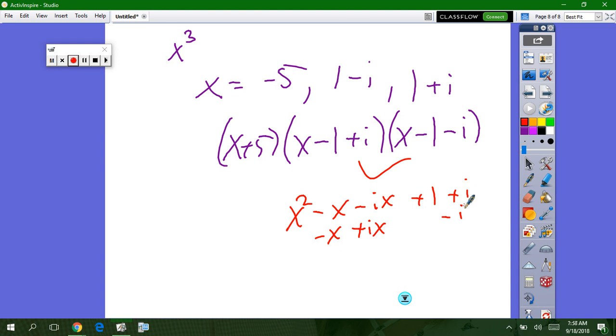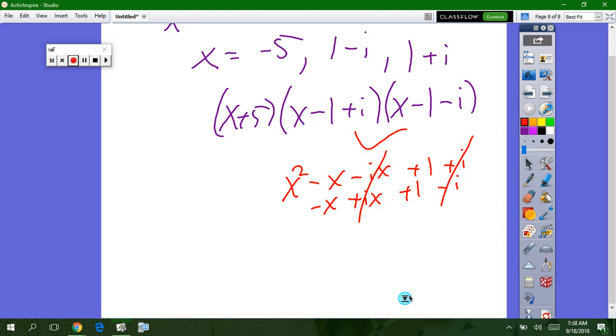Negative i, minus i squared, which is plus 1. You with me? I saw a dirty look, so I want to make sure. Notice these will always cancel out, and so will these. If they don't, you did something wrong. That's the nice thing about conjugate pairs. Okay?